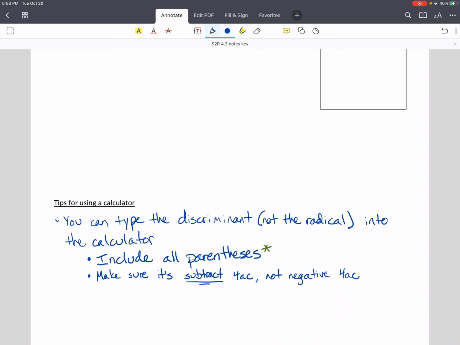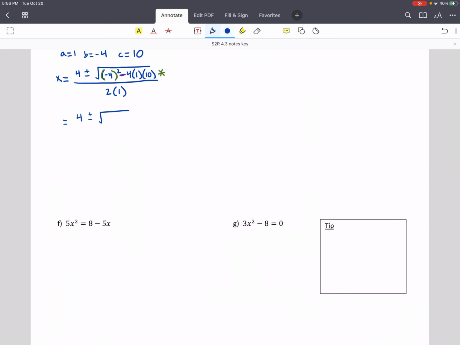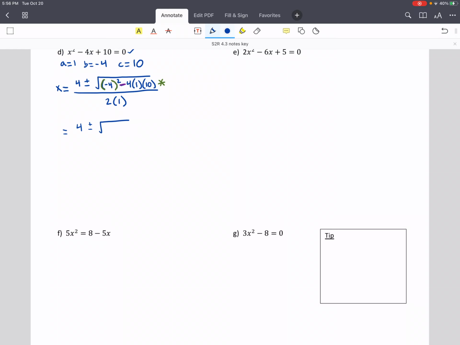I'm trying to give you a heads-up of what I've seen. I want you to make sure you are subtracting 4ac when you type it into your calculator, not negative 4ac. There is a difference.